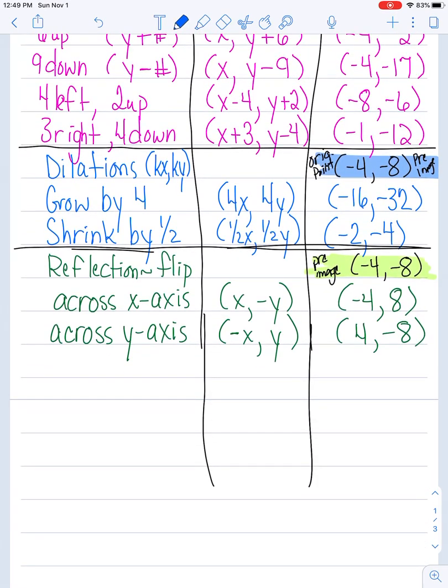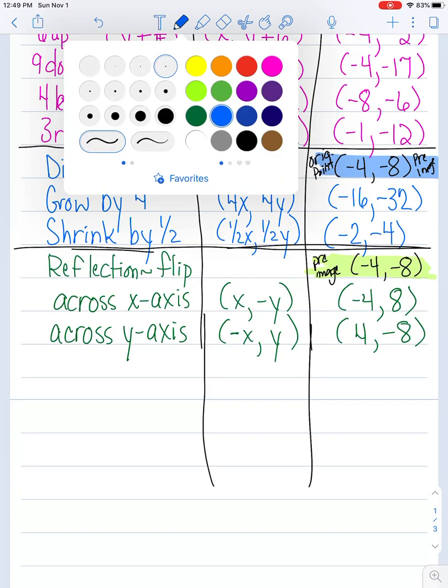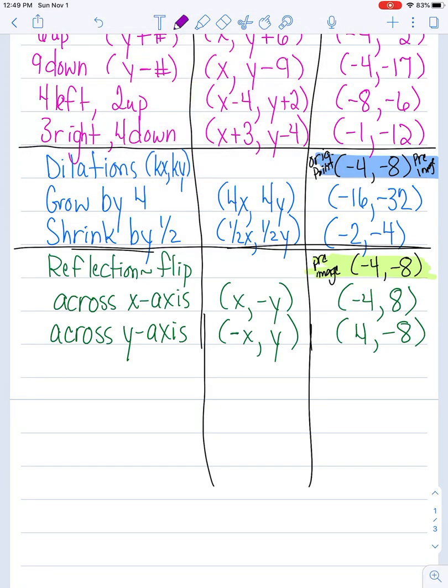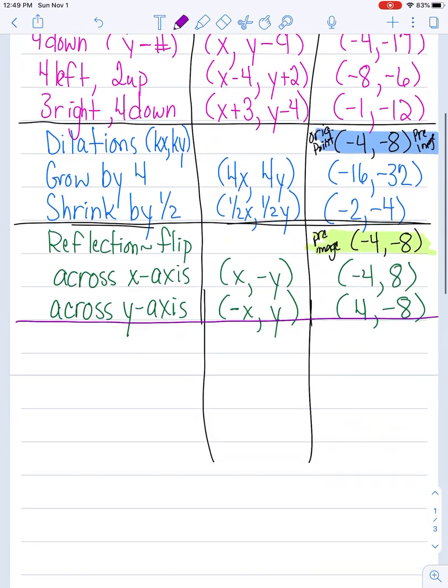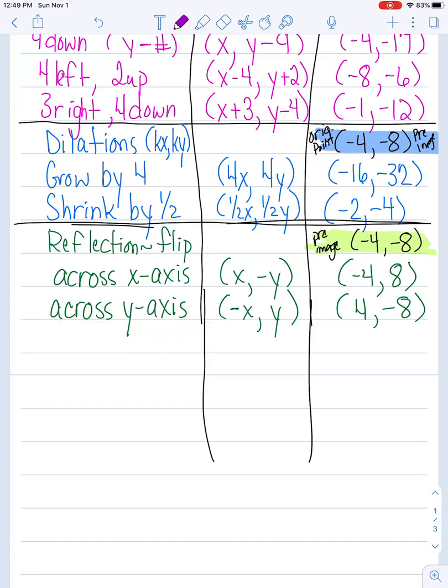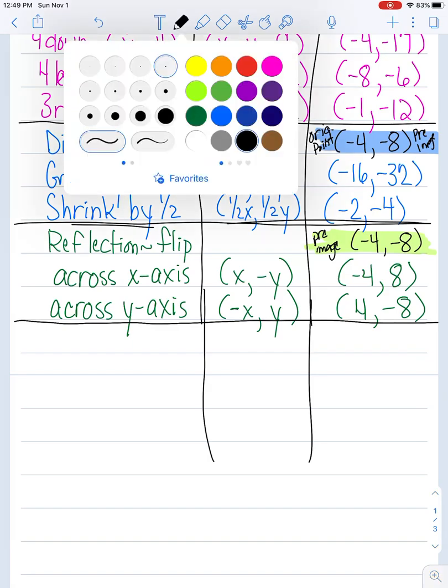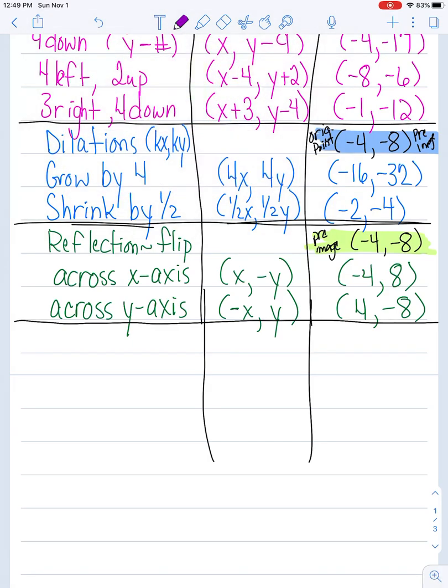And last but not least, we've done translations, dilations, reflections. Now we need to take a look at rotations. Remember, our rotations are our turns. So our last change to look at is a rotation or a turn. And if you'll remember, we had 3 types of turns.